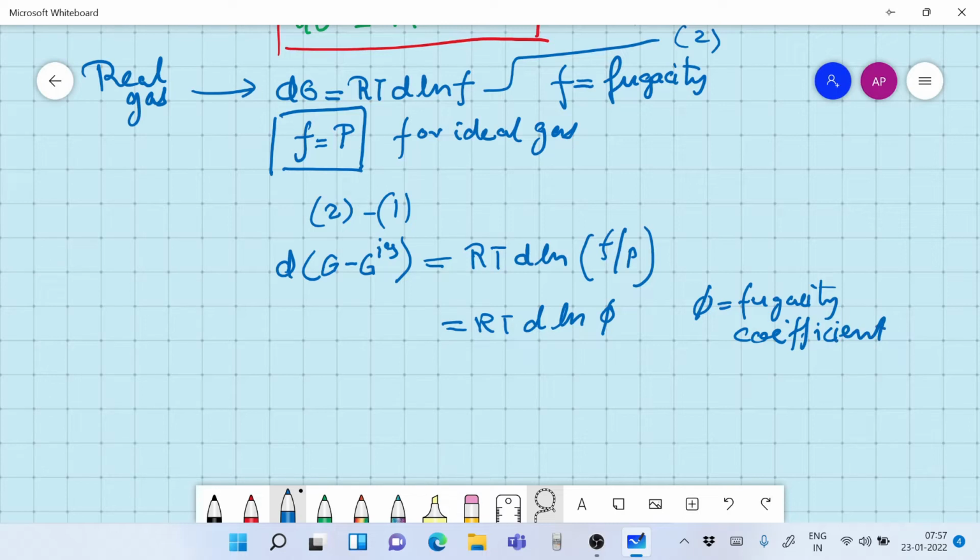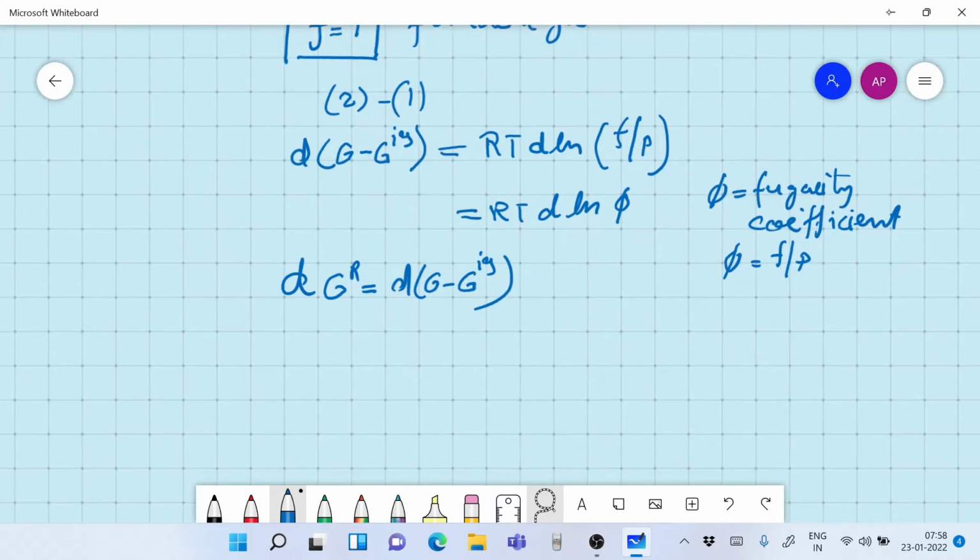It is clear that the fugacity coefficient is f by P. And the LHS gets defined as G residual. G residual is nothing but dG minus dG ideal gas.